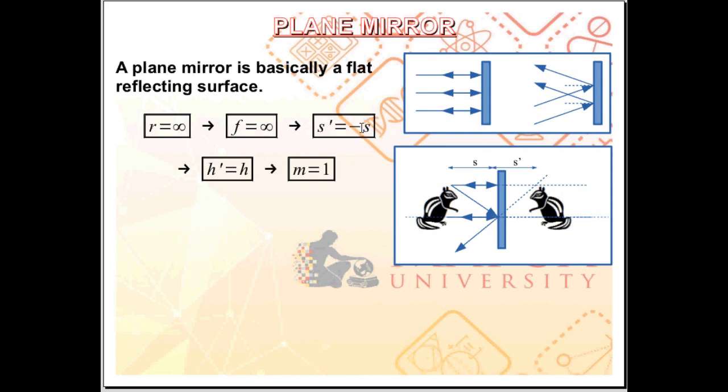Negative, the image is inside the mirror. The image is on the opposite side as compared to the object distance S, and this is the image distance S prime.